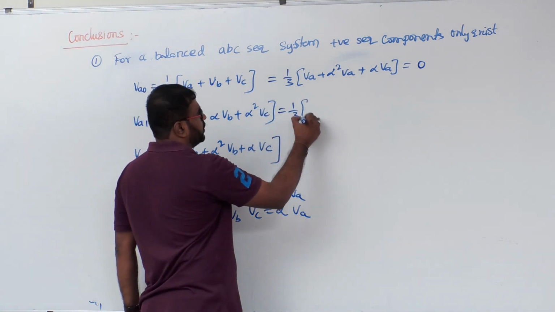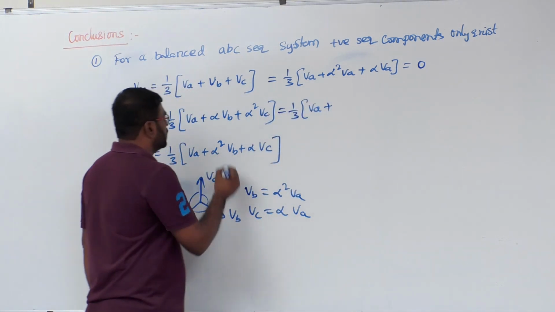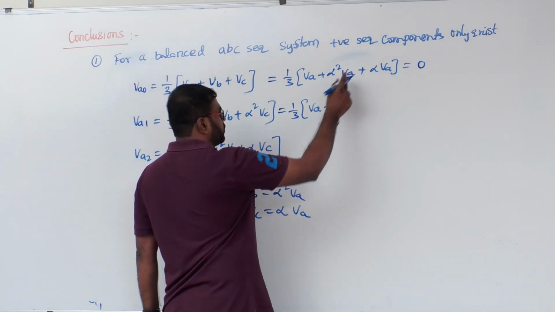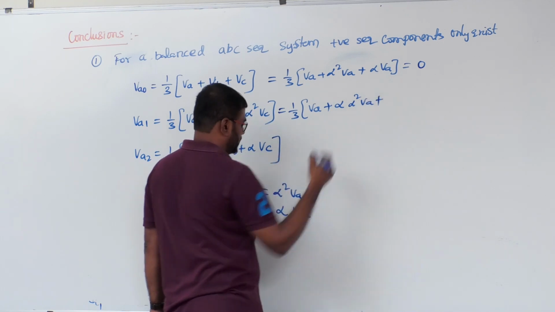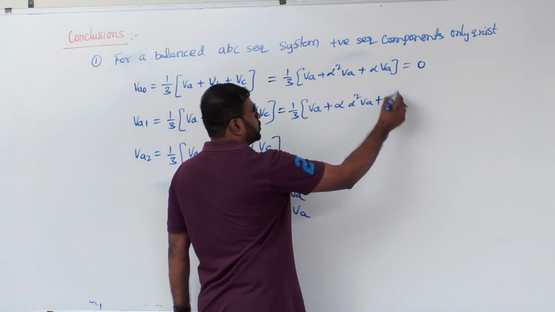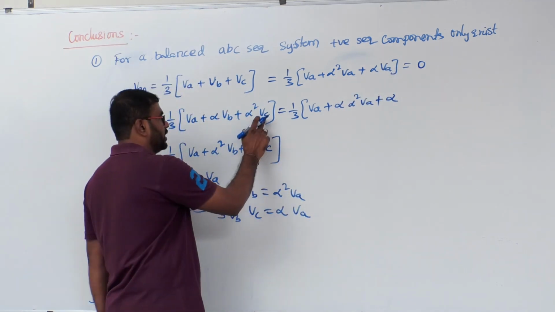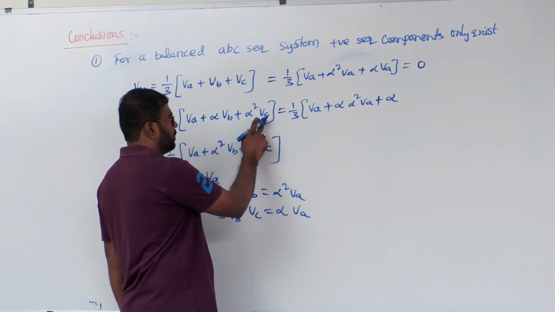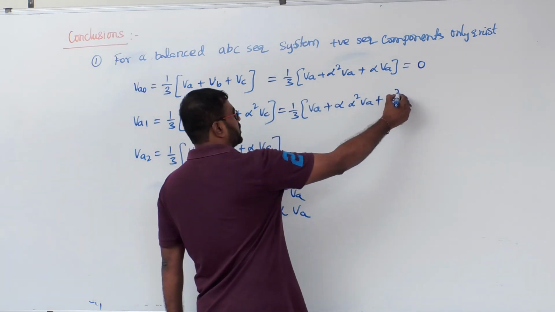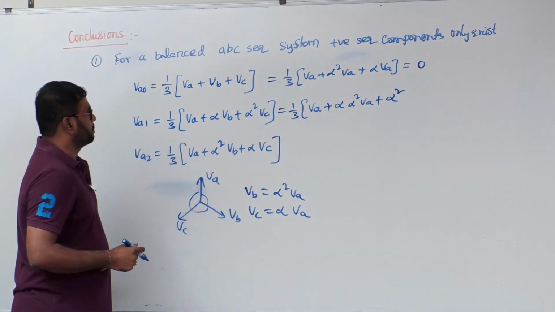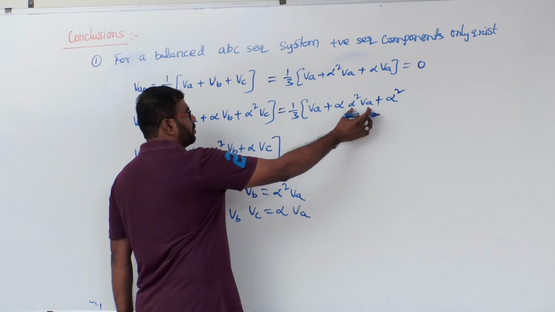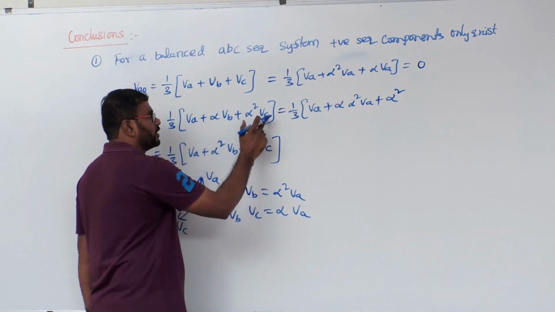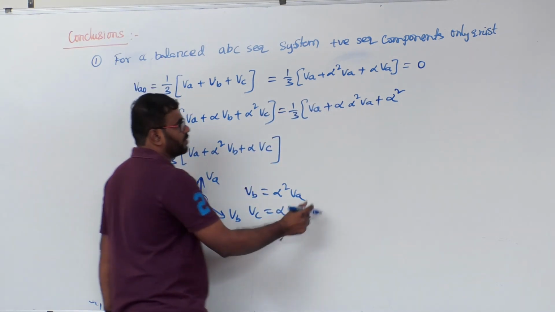VA1 is 1 by 3 VA plus alpha times VB, and VB is alpha square VA, plus alpha square times VC, and VC is alpha times VA.